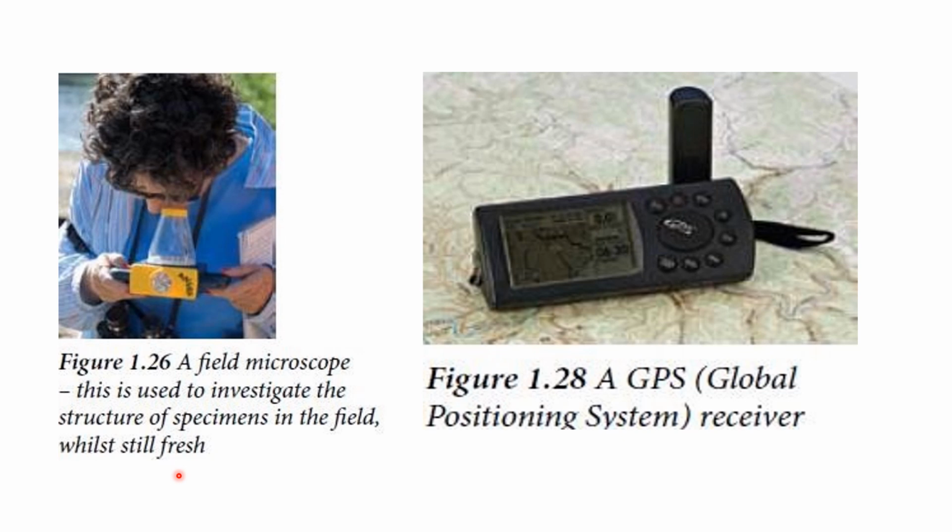Not only field microscopes, biologists also use GPS, a global positioning system. GPS is used especially by geographers, agriculturalists, and biologists to study the latitude and altitude of locations. The location of the study area is studied by this global positioning system.